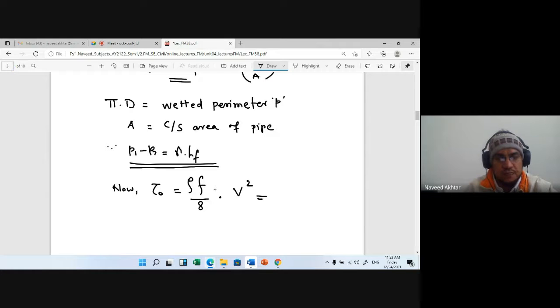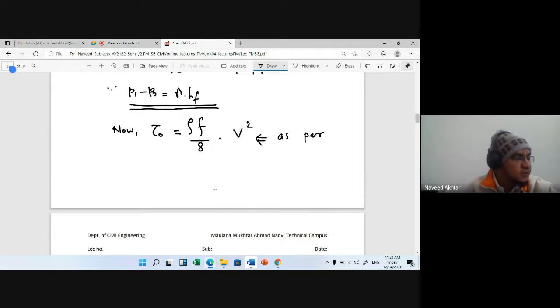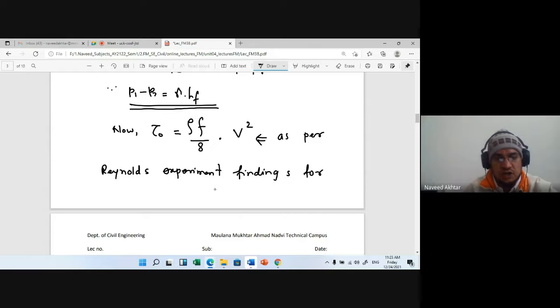This we solved in unit number 3 as per Reynolds experiment findings for turbulent flow in a pipeline.